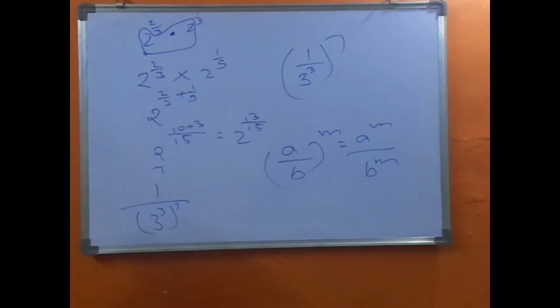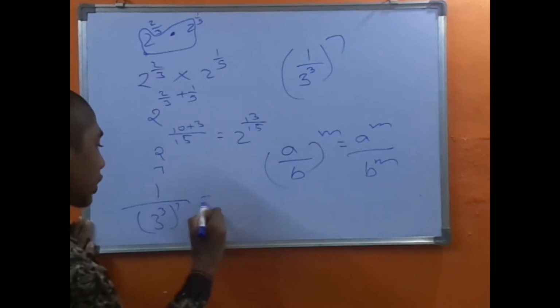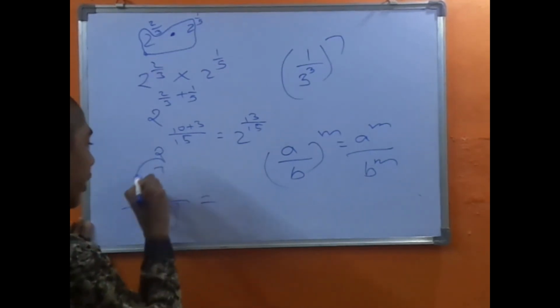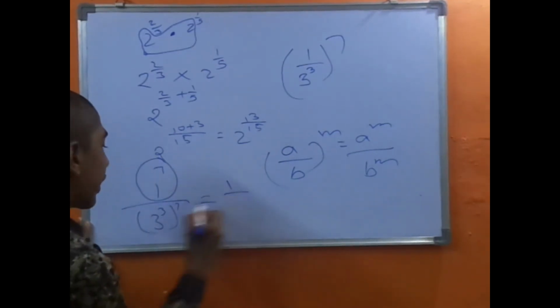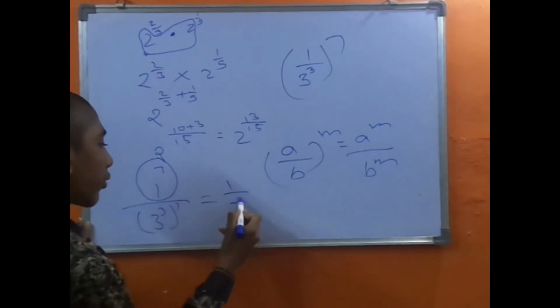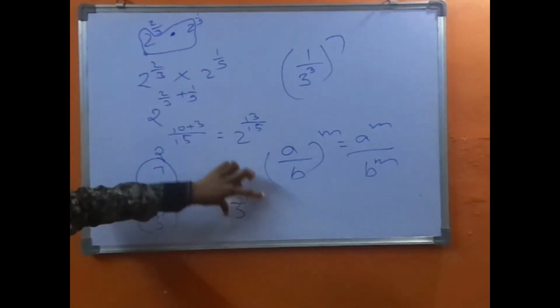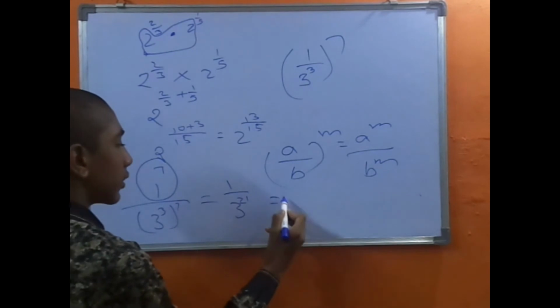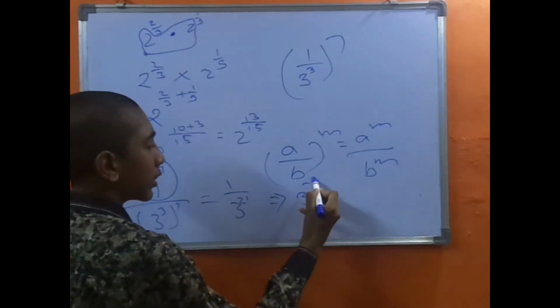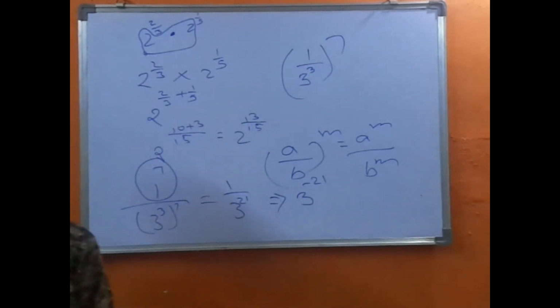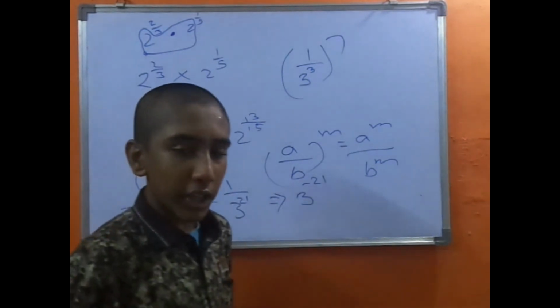So, we use a power m whole power n is equal to a power mn. So, this becomes 1 power 7 is 1, by 3 7s are 21, 3 power 21. And if we switch it upwards, it becomes 3 power minus 21. This is the simplified product we wanted.